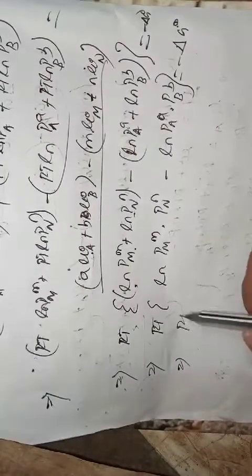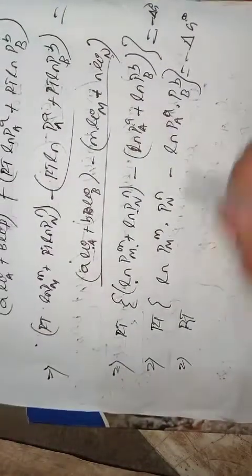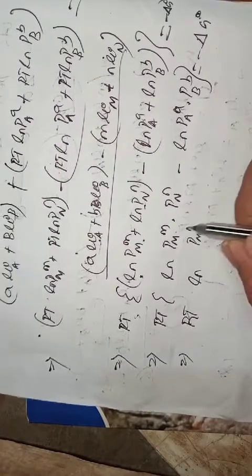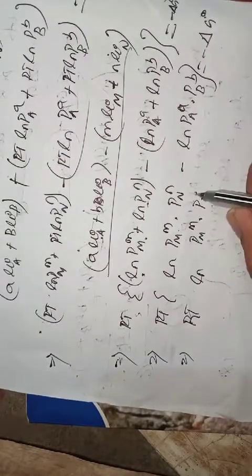This implies that RT, further we know ln a minus ln b is equal to ln a by b, ln Pm to the power m into Pn to the power n divided by Pa to the power a into Pb to the power b is equal to minus delta G naught.